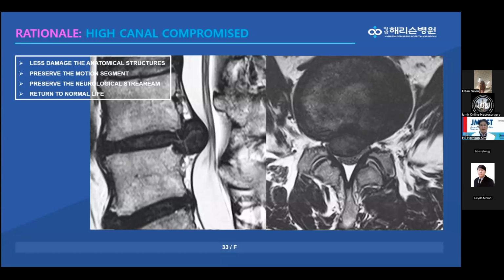You can see here this patient has a huge central high canal compromise. In spite of this patient's high grade degeneration and high canal compromise, if we do not perform good treatment, the patient will finally fail to return to normal life. Sometimes they need fusion surgery, and sometimes there is some malfunction of his life.